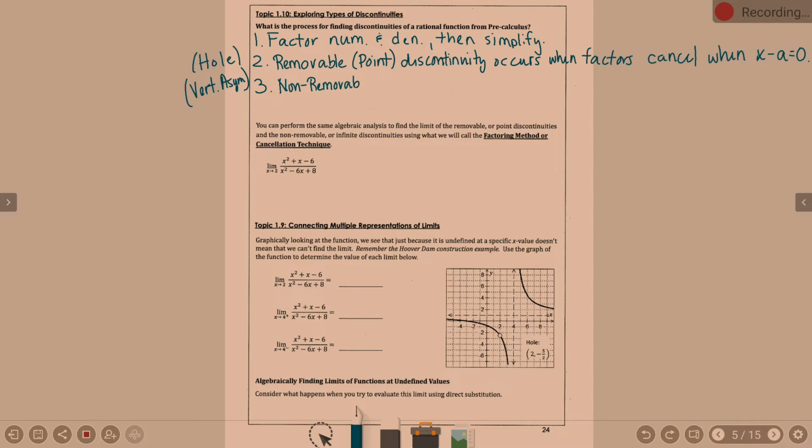What's that word, discontinuity? I don't know, infinite, I think is what they use, because we've had point, infinite, and jump. But jump is not what we need here. So non-removable. Infinite is another word you might see. I'm just going to say occurs when factors don't cancel the denominator.